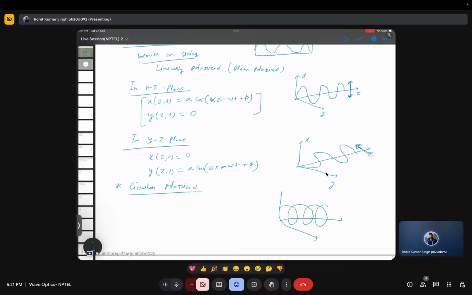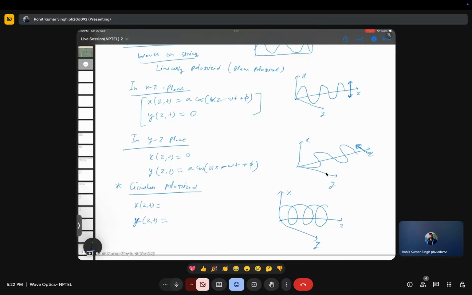The points on the string are moving in a circular direction. Now how do we represent it with a wave equation? You have movement in both x and y directions, so both will be non-zero.